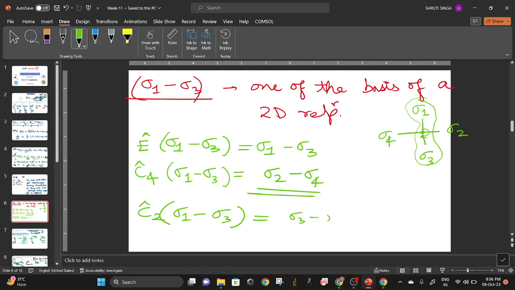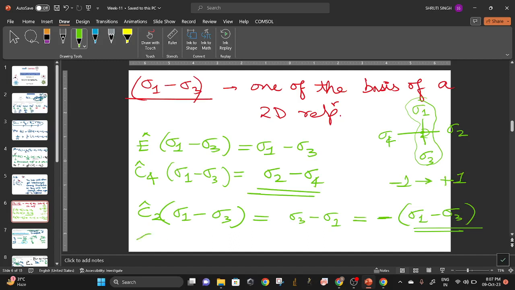So sigma 3 minus sigma 1, and I can also write it as minus of (sigma 1 minus sigma 3). So here we can say that this basis did not change, it just changed its sign, like plus 1 to minus 1. So this is not a new basis, this is the same basis.